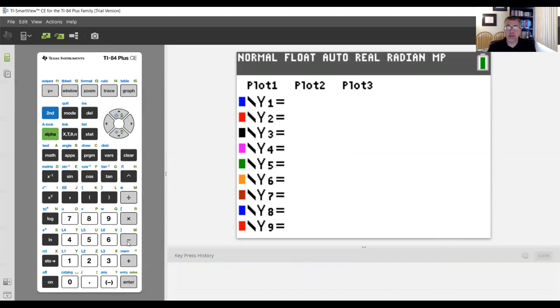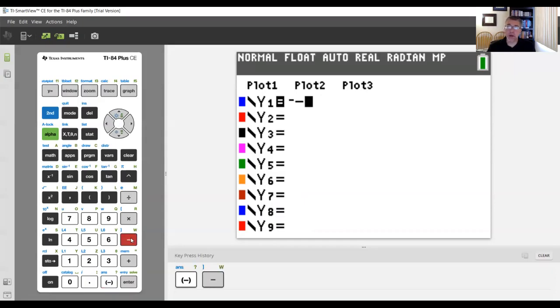So let's make sure that we don't get that confused. A negative sign is right here at the bottom right-hand of the faceplate, whereas the minus sign is on the right column, above the plus sign.